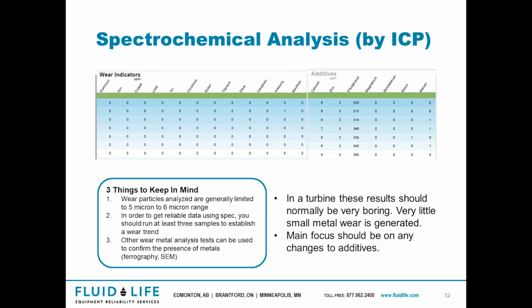Or something like an SEM, a scanning electron microscope image, which is going to look at your very, very small particles, the 1 to 5 micron range particles that are showing up. And this is done through a very intense microscopy method. But this can give you a better picture of what type of wear is being generated.